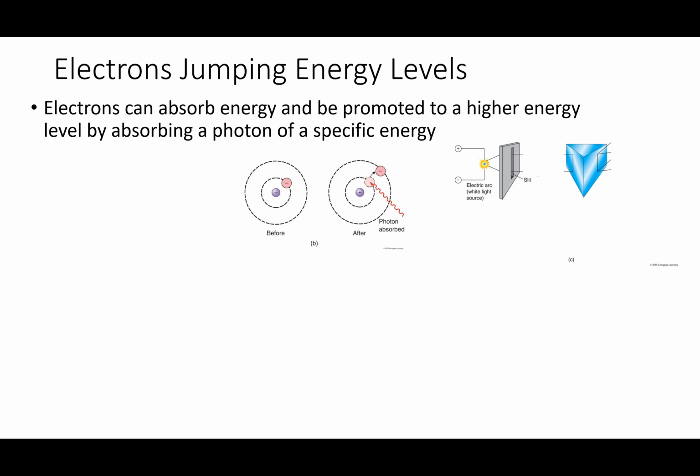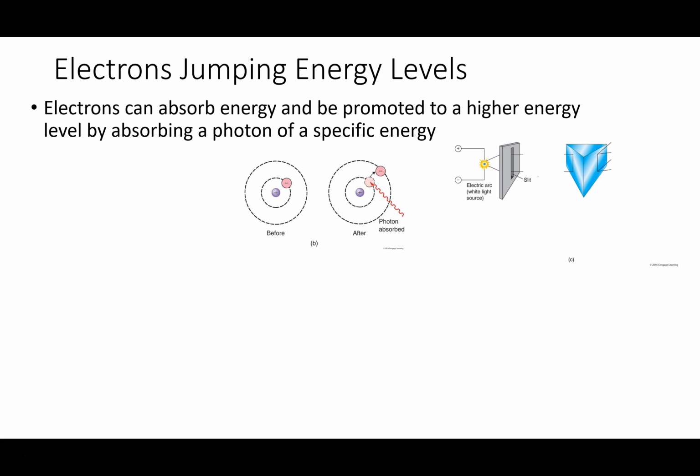The glow in a light bulb occurs as the electrons fall back down and emit light. They take energy from electricity, and as they fall back down, they emit light.